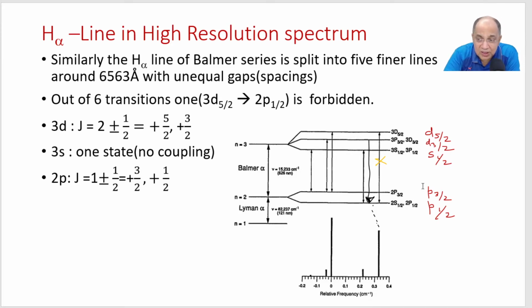So if we consider 3D to 2P, ignore the other, and again the same thing, we will say 2P to 2P transition is disallowed. I'm really constrained here to apply the selection rule.